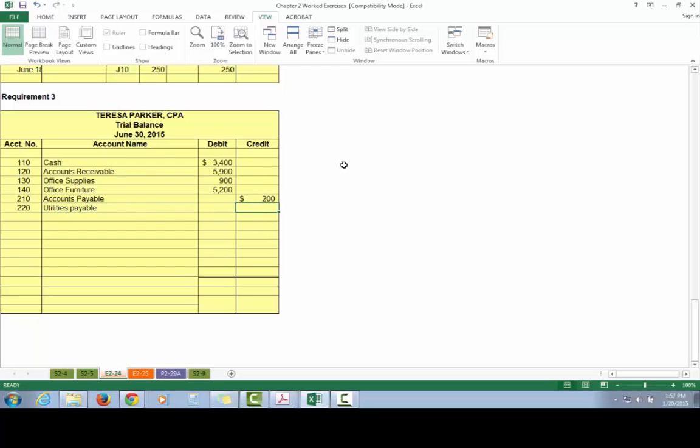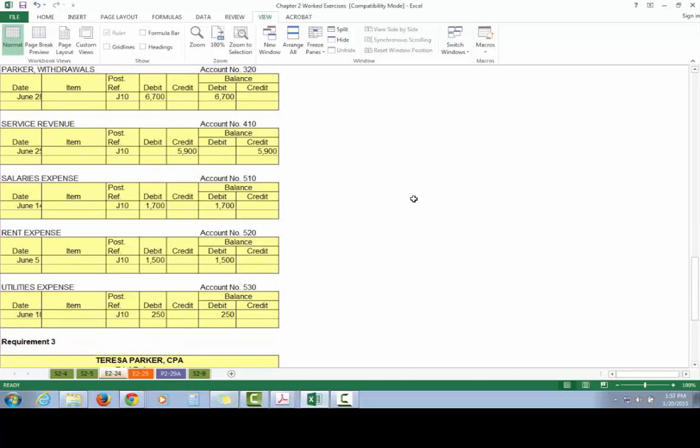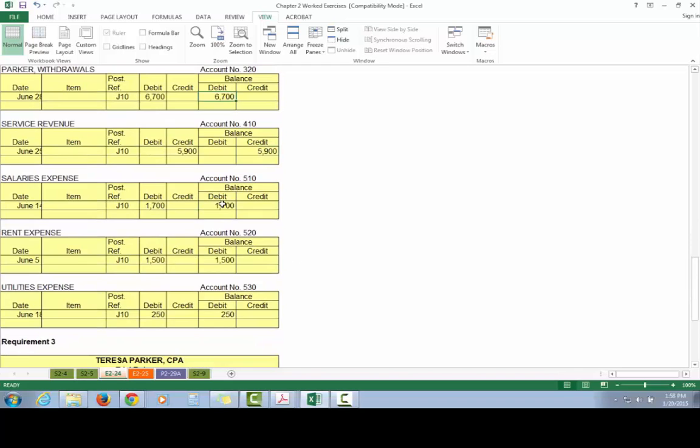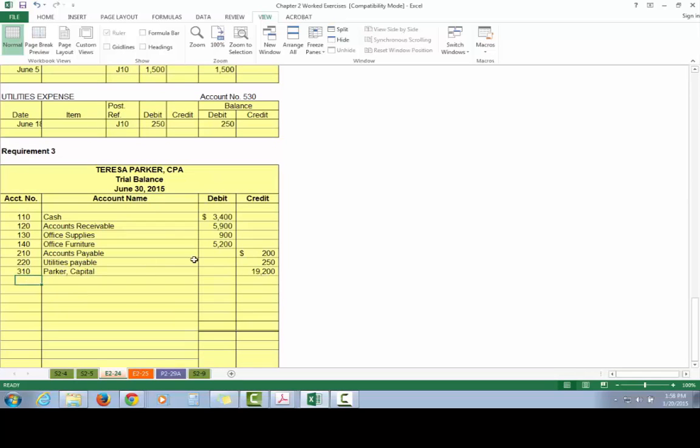It's a credit of $250. We've got Parker Capital. It's a balance of $19,200. So we go up here, so capital $19,200. Withdrawals of $6,700. Okay.